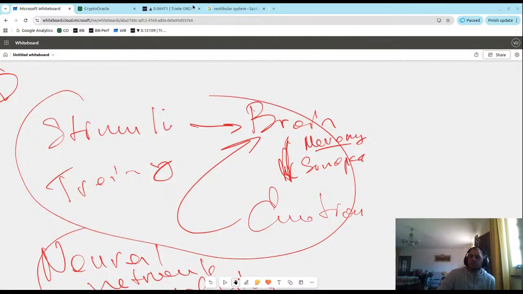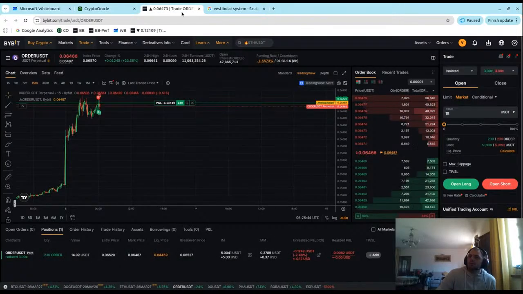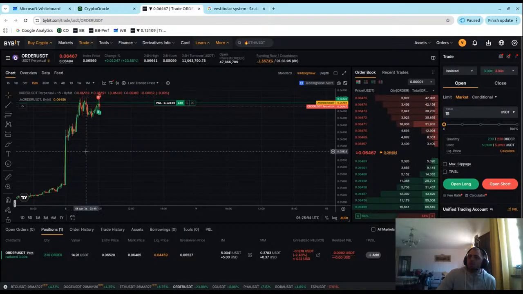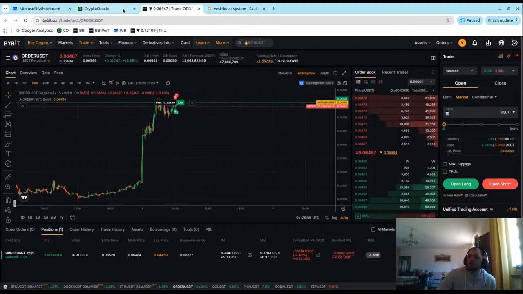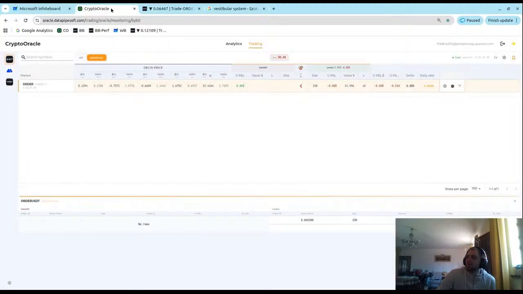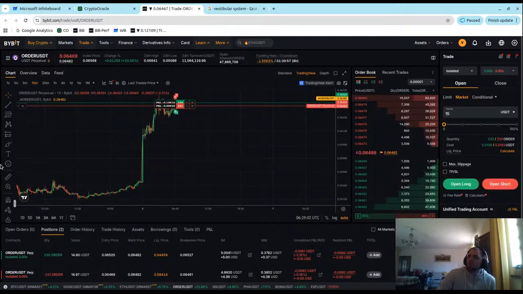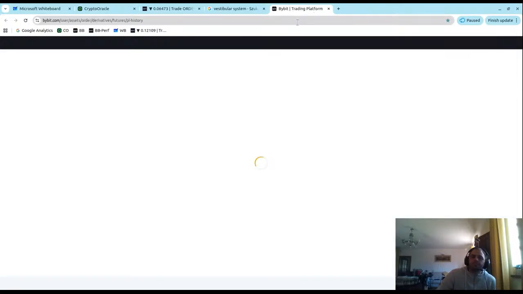Acquiring a new skill, or hang on, trading doesn't let me go. What we've got here, hang on, still don't know why it's not opening those positions.